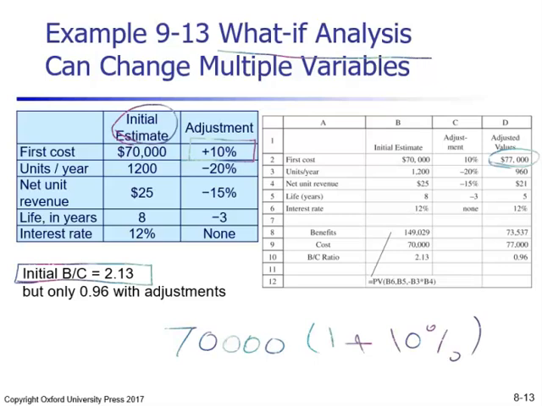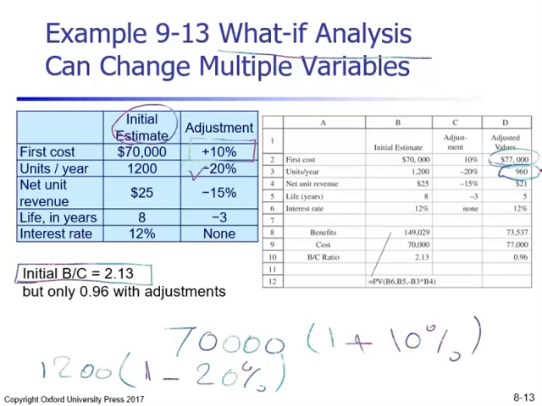So adjust it by minus 20%. When you want to adjust 1200 by minus 20%, you multiply 1200 by 1 minus 20%. So 960 would be the new calculation.